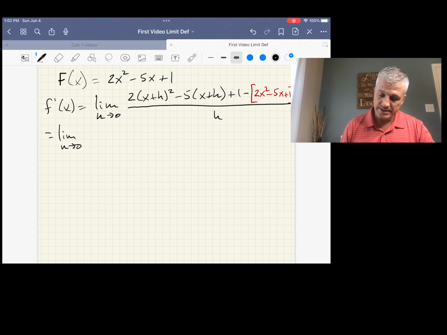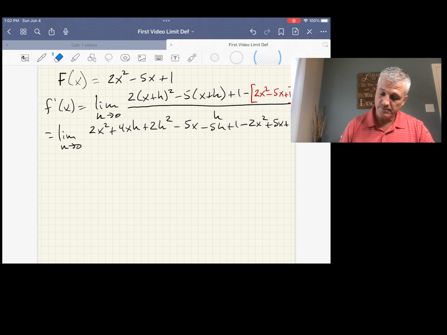And so I'm going to multiply this out. Now, I get x squared, but it's multiplied by 2, so I'm going to have 2x squared. And then I get 2xh multiplied by 2 is 4xh. And then I get h squared, so plus 2h squared. Minus 5x minus 5h plus 1 minus 2x squared plus 5x minus 1, sorry.